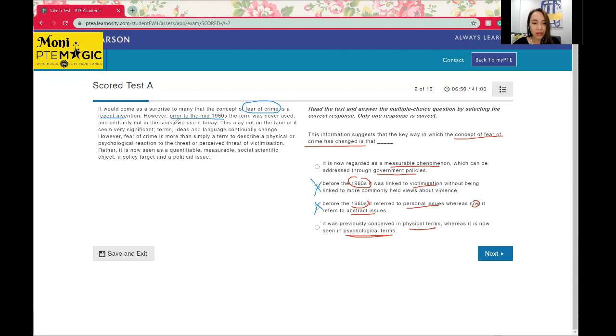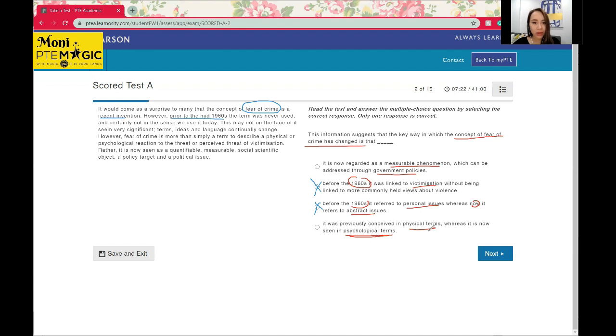Okay, and certainly not in the sense we use it today. This may not on the face of it seem very significant. Terms, ideas, and language continually change. However, fear of crime is more than simply a term to describe a physical or psychological reaction to the threat or perceived threat of victimization.